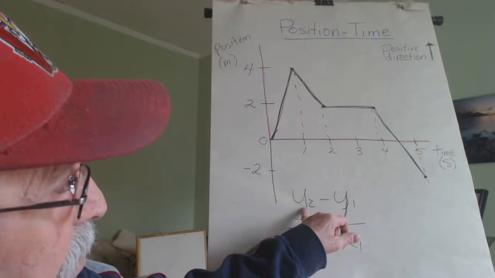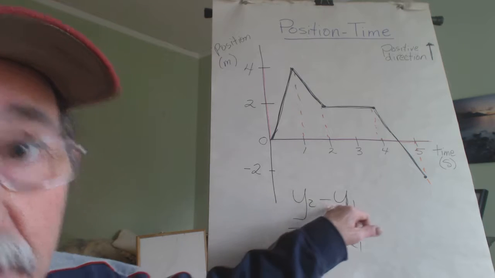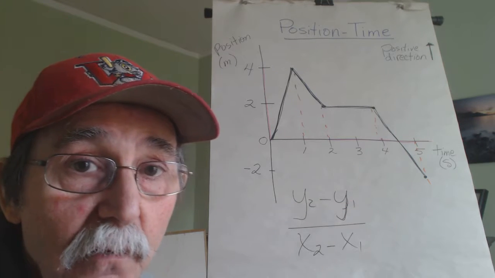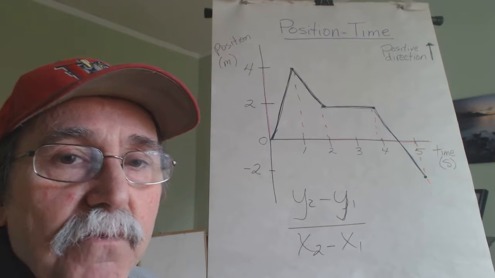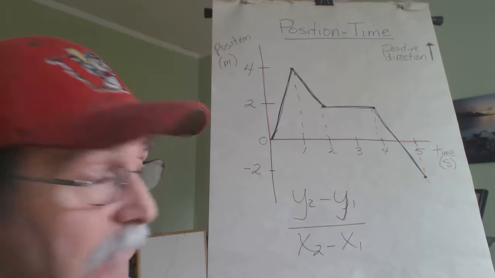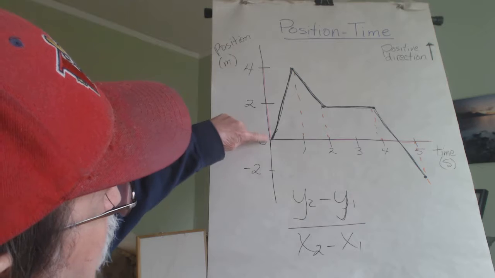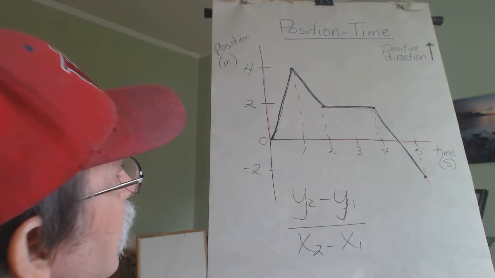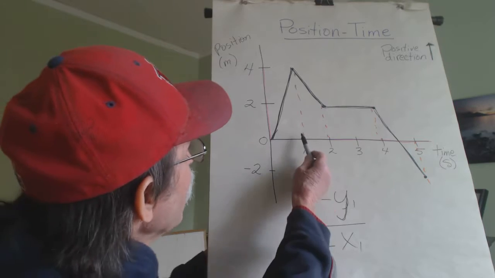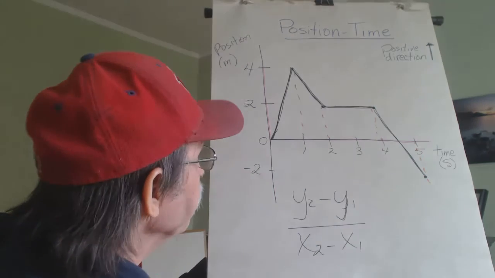So we could use the formula y2 minus y1 over x2 minus x1, but we don't have to because they're simple enough. So what is the slope of the first interval? Well, it looks like it's going up 4.